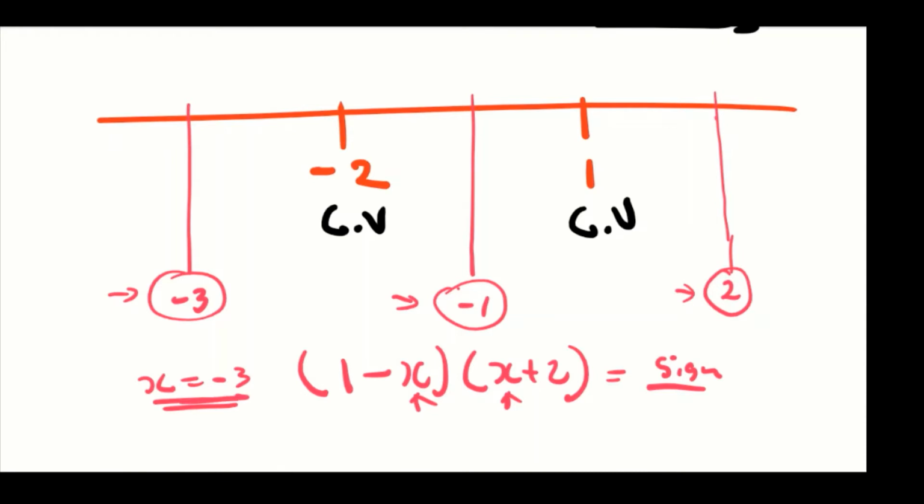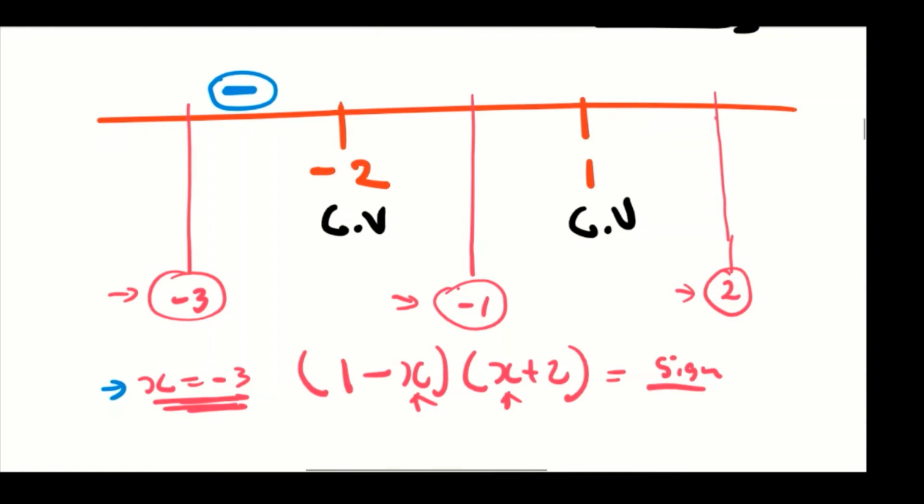I did the calculations for x being equal to minus 3, and I found that the sign of the solution is negative, meaning that values that are less than minus 2 are going to give you negative solutions of y.